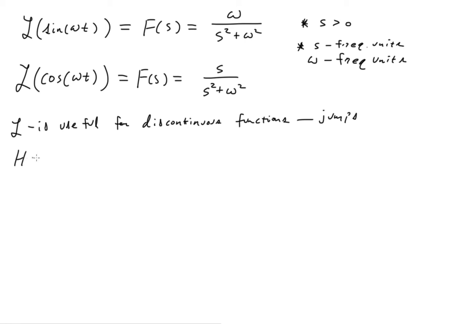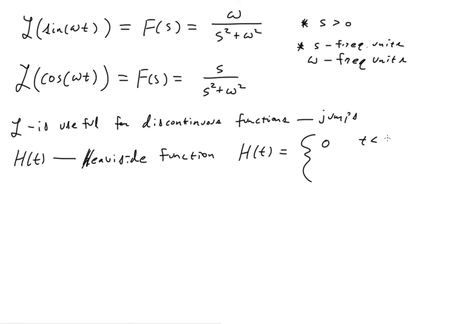I'm going to call h of t what I call the Heaviside function. That's actually a capital H because it's a person's name. The Heaviside function, h of t, is equal to the piecewise function. It's equal to 0 when t is less than 0, and 1 when t is greater than or equal to 0. That is one of the definitions.